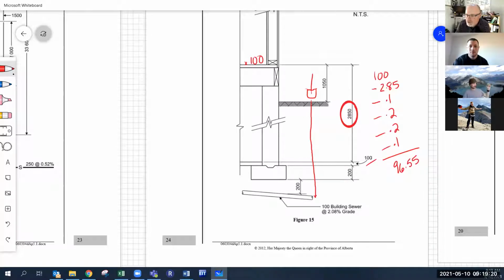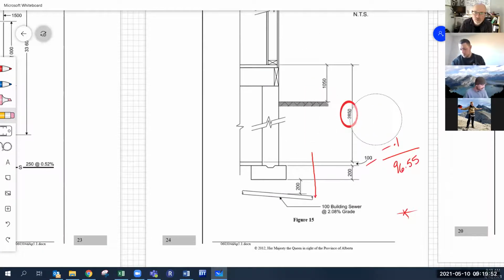Sometimes you have to dig, so you have to know where this is and where it goes. So you will be given invert elevations on a print, and the city of Calgary will say you need to be at this invert with your drainage pipe. So you better be there. You better not be too low because that's going to be a problem. So this is where it comes in, that we need to know what an invert is and how to attain it. And this is what we're doing today.